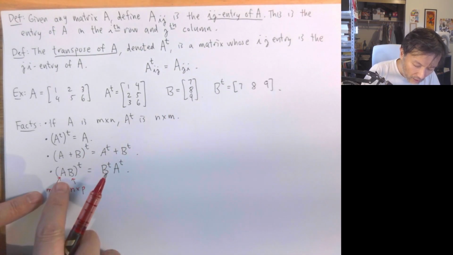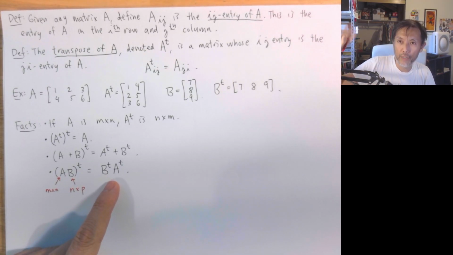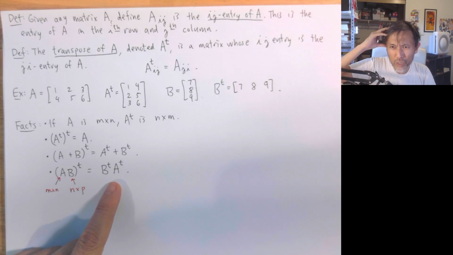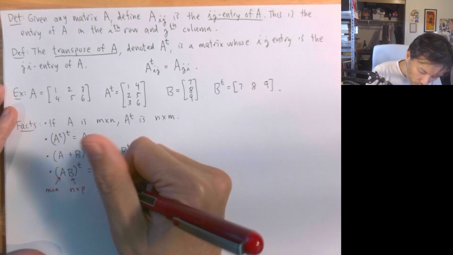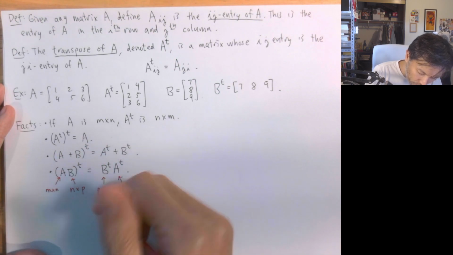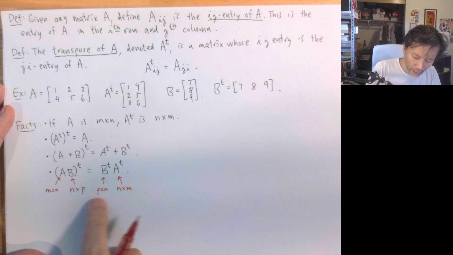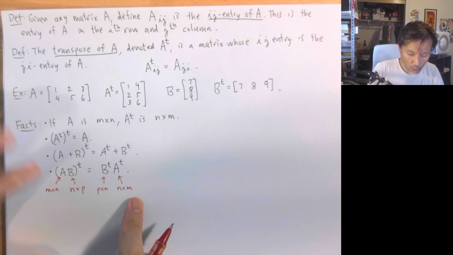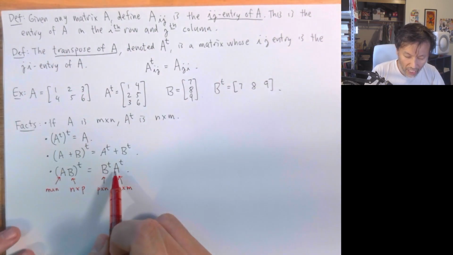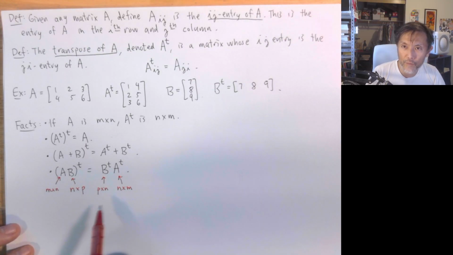Now, if you were naive and were to say that AB transpose was just A transpose B transpose, that is to say, in the other order from what's written here, I think you would get a dimension mismatch. B transpose is supposed to be P by N, and A transpose is supposed to be N by M, so that this product doesn't make sense.